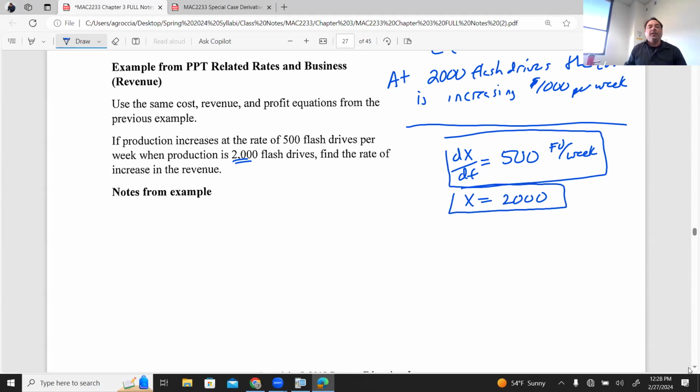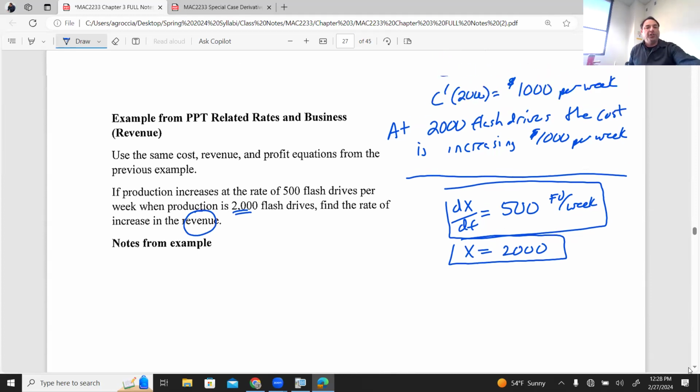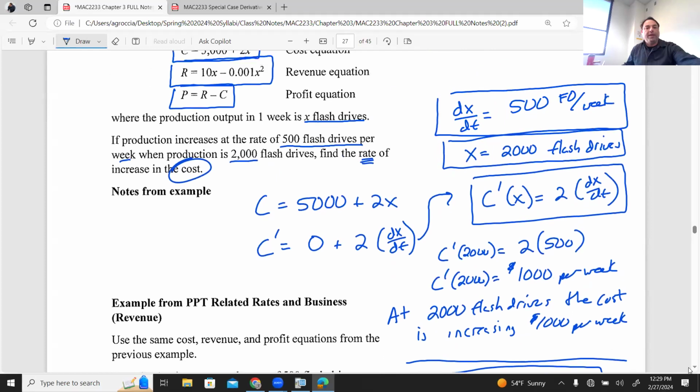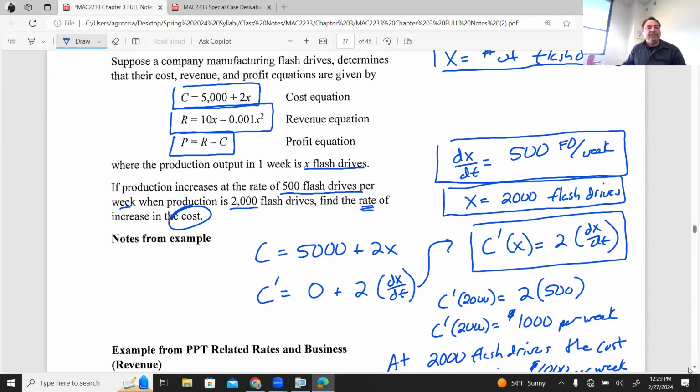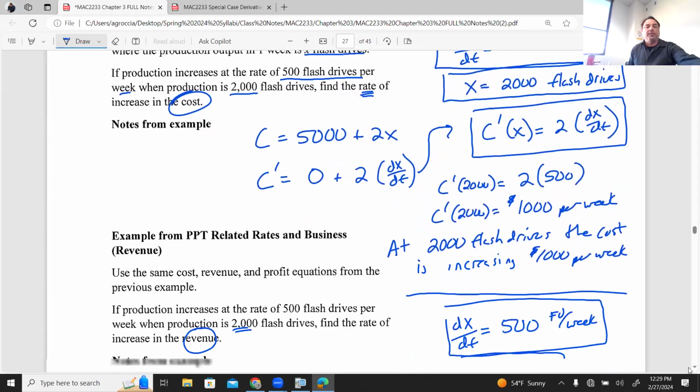Now I want to find the rate of increase for revenue. How is revenue changing? And if you look earlier, revenue is given. Revenue is 10x minus 0.001x squared.